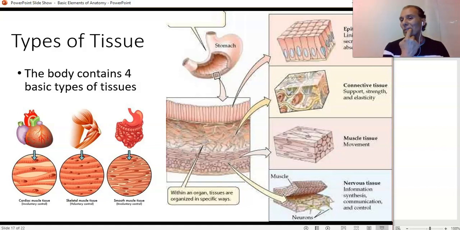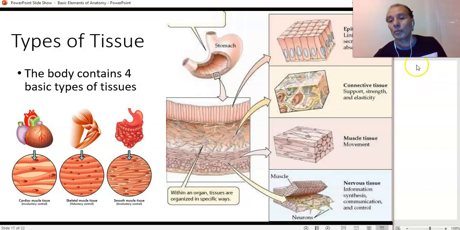For example, inside of your cheeks, inside of your nasal cavities, inside of your intestines, all the inside surfaces are lined with epithelium. Epithelium is stretchy and flexible, rubbery. The top part of the vocal folds that actually makes most of the vibration for speech is epithelium.